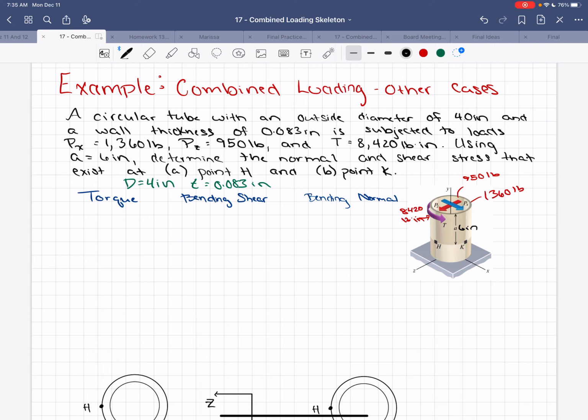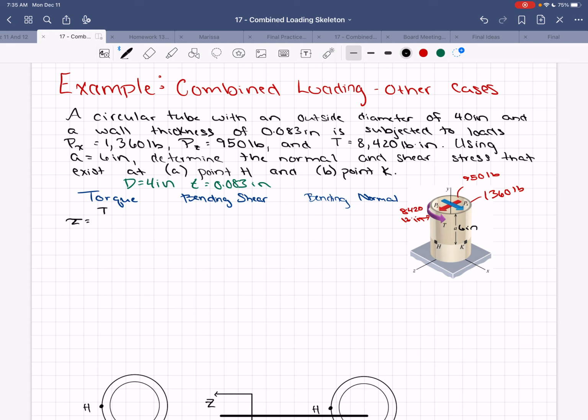Anytime we have a torque, we're going to have a shear stress at both of those points in the same direction. So whenever we have a torque, we have the shear stress equation.